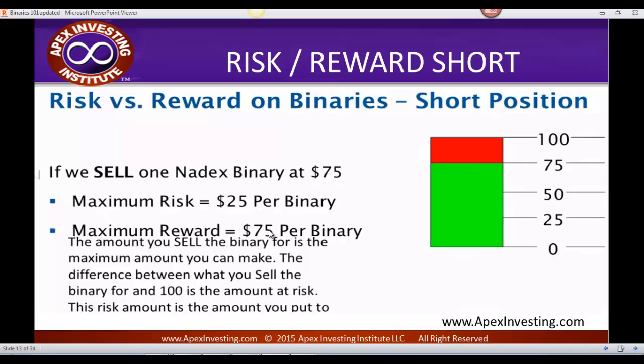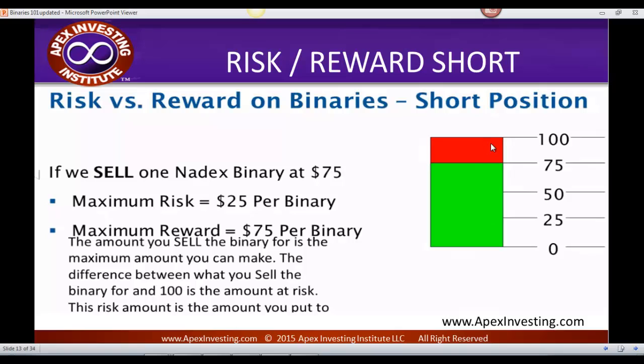Now we're going to turn this around. That's if you were buying a binary. Now, if you were going short and selling a binary, we're still dealing with the same parameters of 0 or 100 at expiration. So if we sell one Nadex binary for $75, our maximum risk is $25, because we're going the opposite way now.